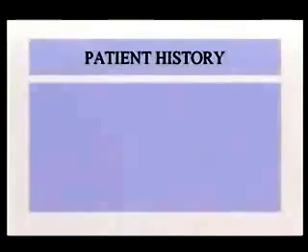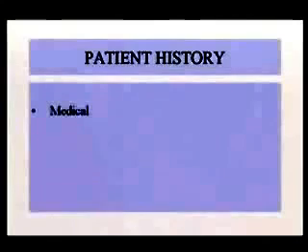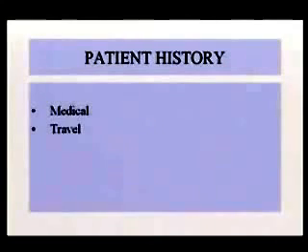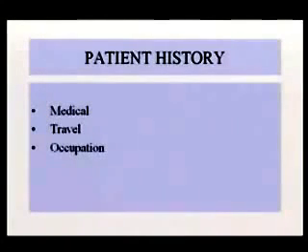You've got to take a patient history. It's most important. You've got to have a medical history to know their immune status and whether they're susceptible. Travel, because we just talked about how the endemic mycoses occur in different areas. Did you travel to Arizona? You're going to have to know some of these, and I'll emphasize those as we go along. Occupation, certain occupations.